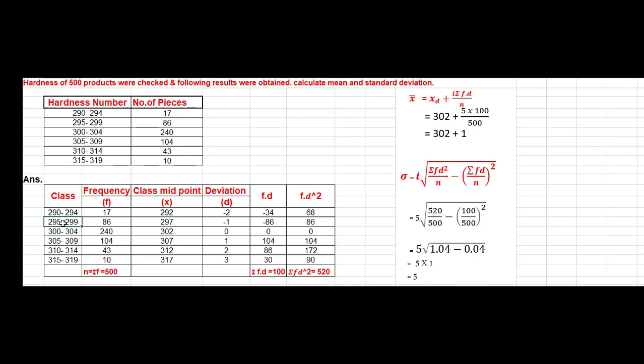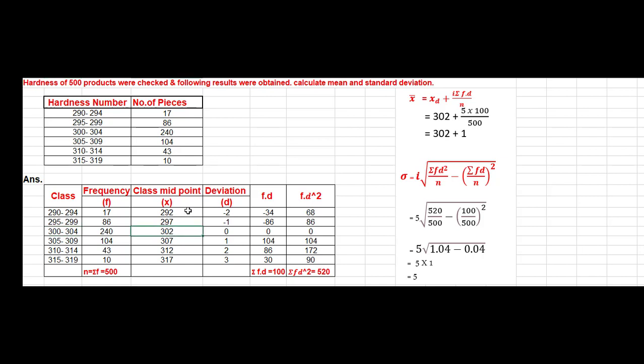In a similar way, the class 295 to 299 has a class midpoint of 297. In the same way, 300 to 304 has a midpoint of 302.